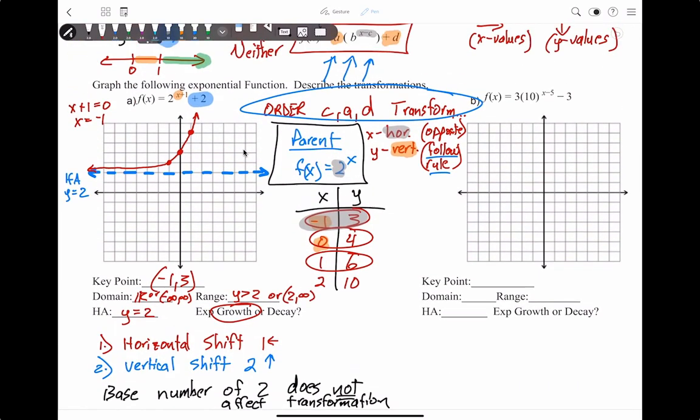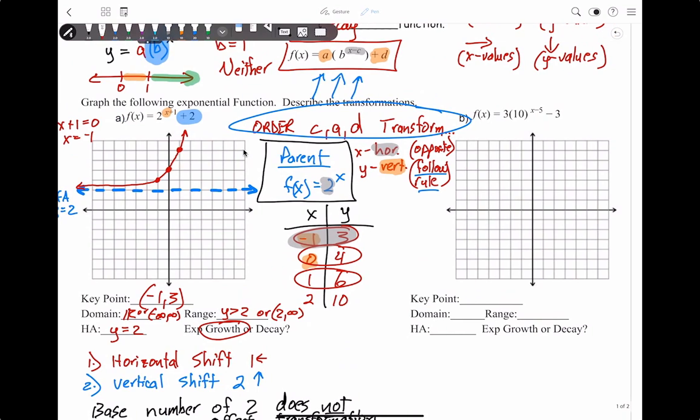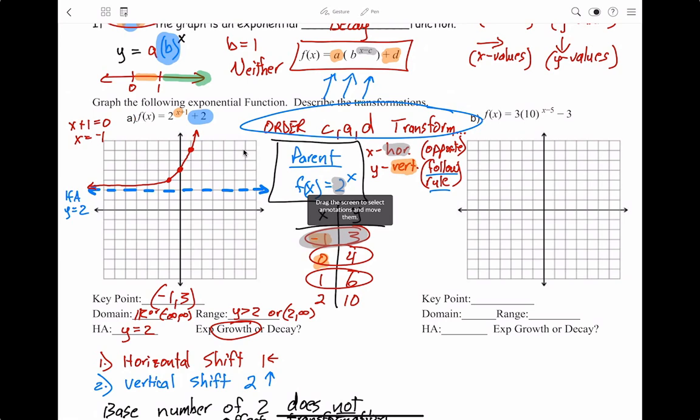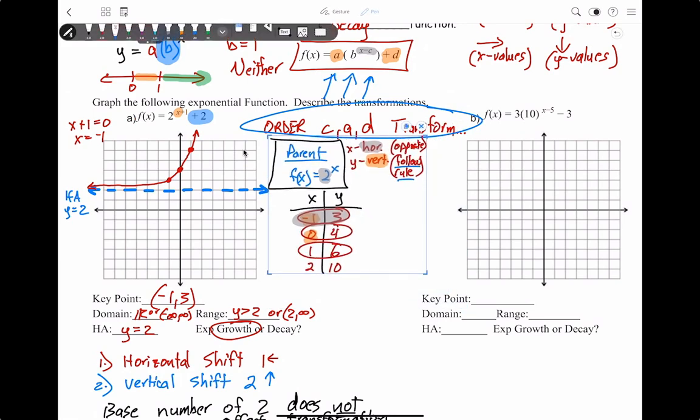All right, so now let's go ahead and move to our second transformation over here to the right. And our parent function that we're going to look at this as, so let me make some room here.